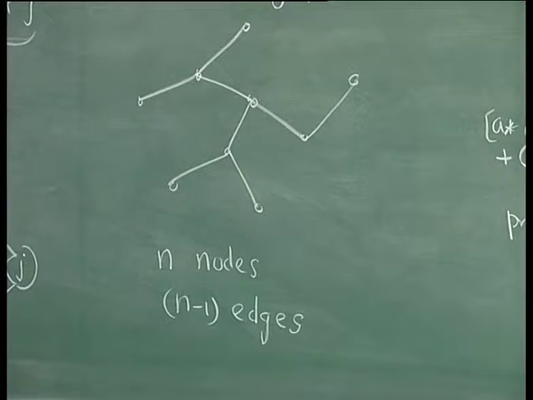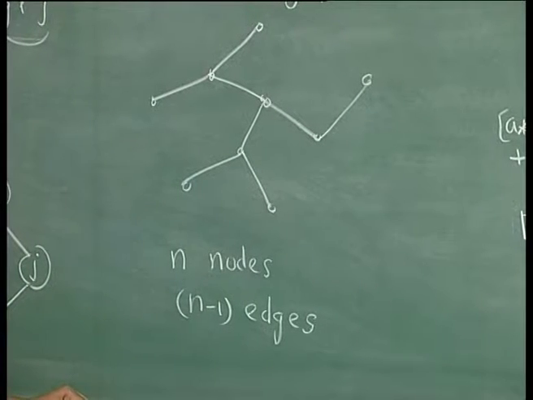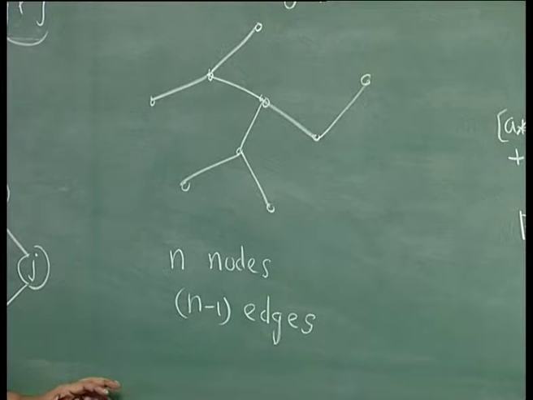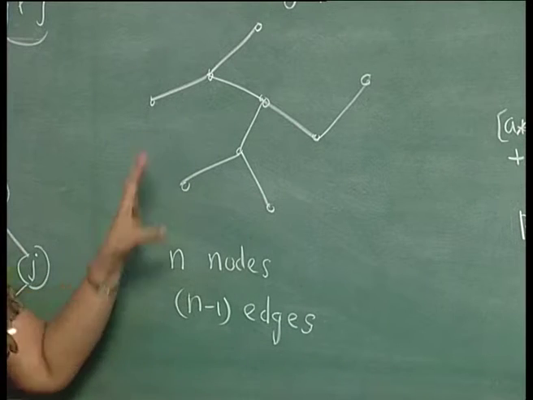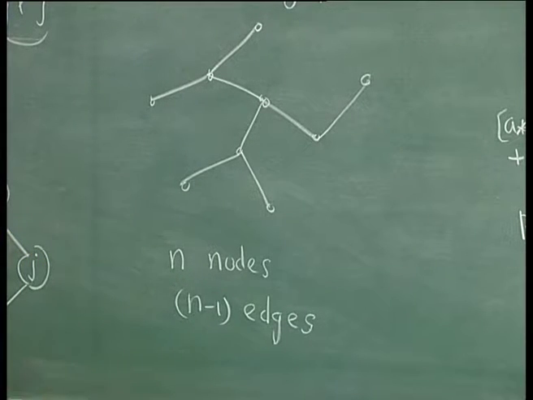There are several properties about trees which can be found in any book on graph theory. We will not go into the details of that. But for any graph, not necessarily a tree, you can define what is known as a spanning tree. Let us see what a spanning tree is.